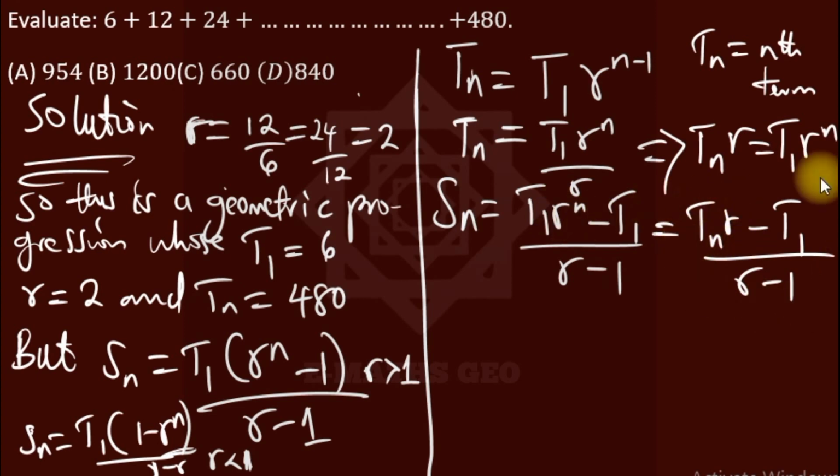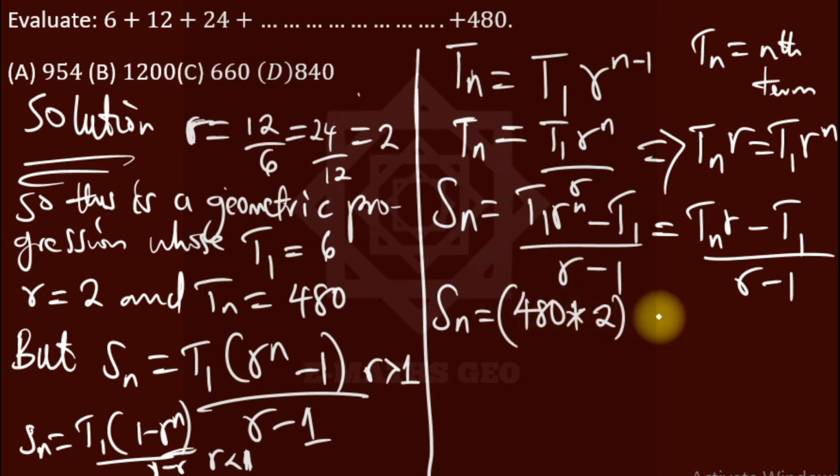You see it. So we now see that the sum is equal to Tn, which is 48, r is 2, that's 48 times 2, minus T1, which is 6, over, as you can see, our common ratio is 2, so 2 minus 1.